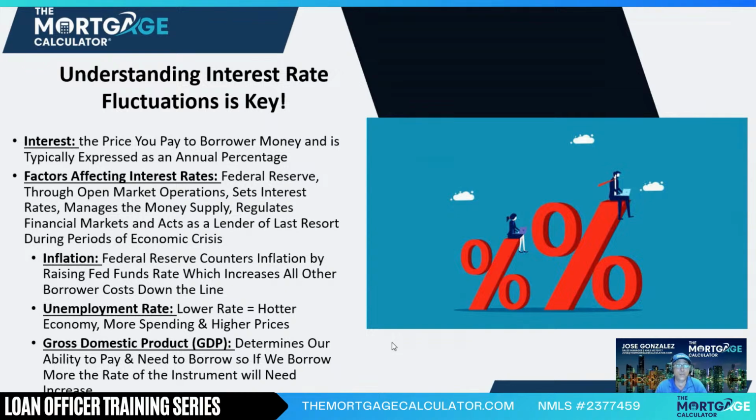Well, first and foremost, inflation, right? They want to keep inflation below a certain target. The target right now is 2%. So the Federal Reserve counters inflation by raising the Fed funds rate, which increases all other borrower costs down the line.